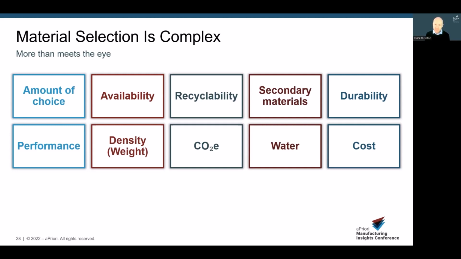If we choose a different material, is the density different? Is that going to give us a much heavier product or a lighter product? Is that going to do the job still? Then what about water, and how much water is used in the production of that material? And of course, cost. Cost is always going to be a consideration as well.